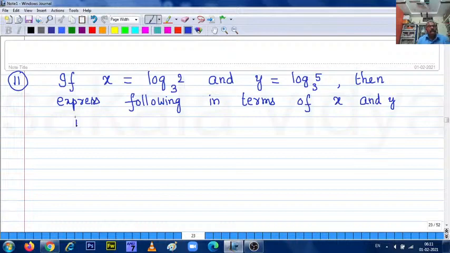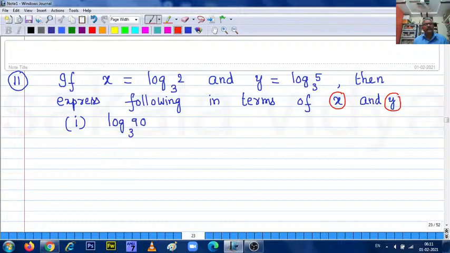First question is log 90 to the base 3. Yes, log 90 to the base 3 should be expressed in terms of x and y.